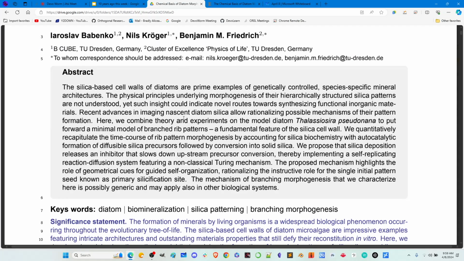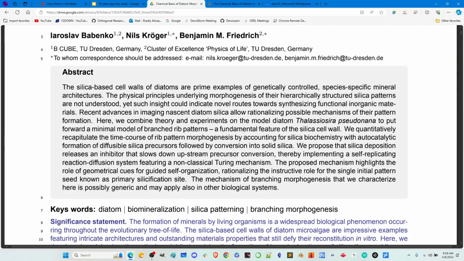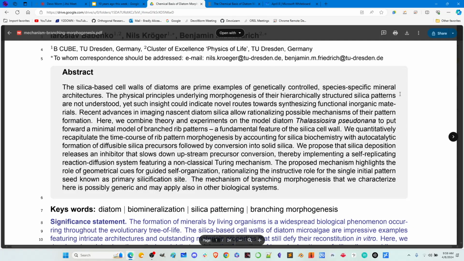The abstract talks about the silica-based cell walls of diatoms, which we saw in the image. They're prime examples of genetically controlled species-specific mineral architectures. So again, this is this deposition of silicate, driven by the expression of genes, and it's species-specific. So you get different deposition patterns in different species.